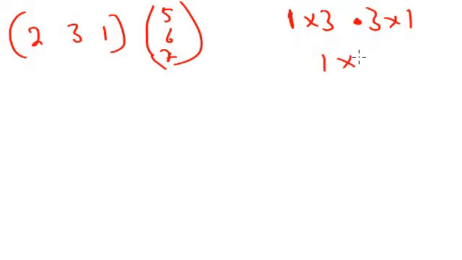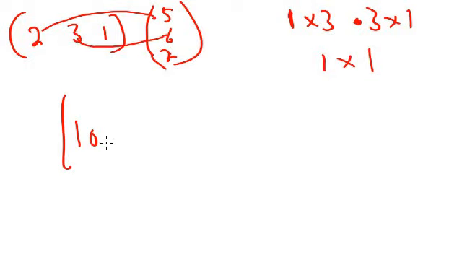Let's confirm that. You take the elements in the first row of the first matrix by all the elements in the first column of the second matrix. So 2 times 5, that's going to be 10. Then 3 times 6 is going to be plus 18.